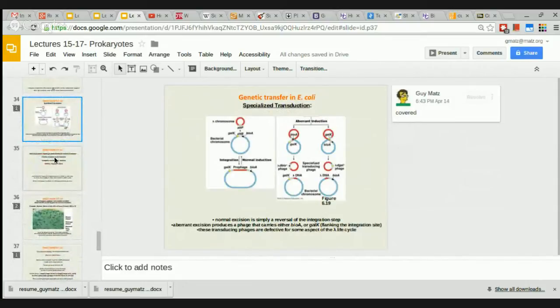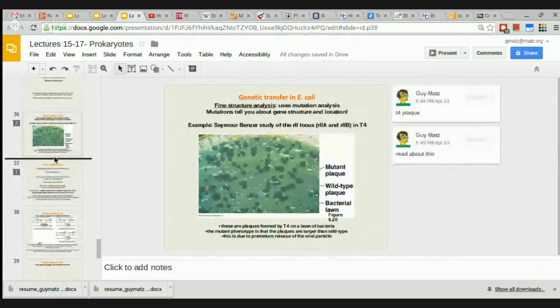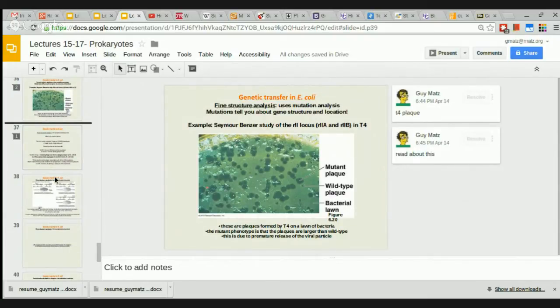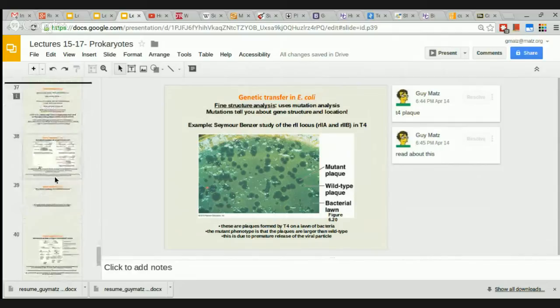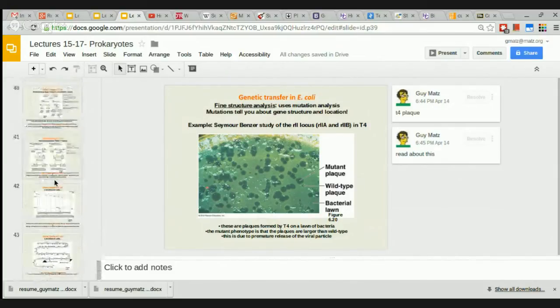And finally, you have the rII locus, and that was an example of the fine genetic analysis by Sidney Brenner, using the rII locus and doing complementation tests, using co-infection, and doing deletion analysis and mutation mapping.